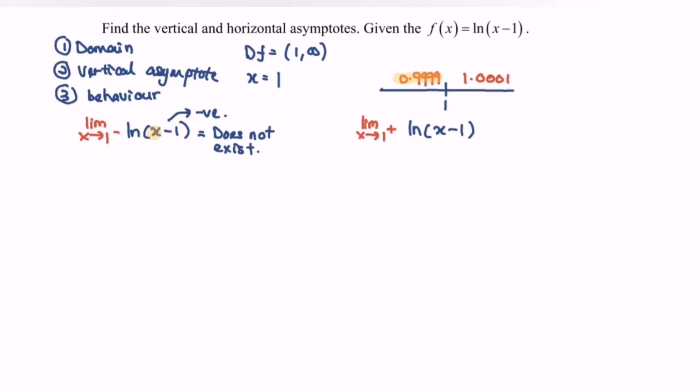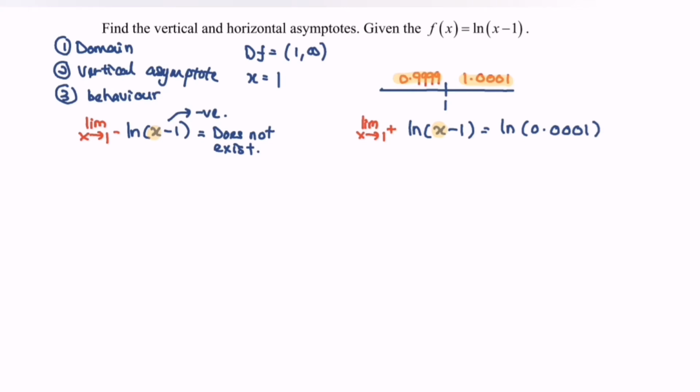Next, move on to the right hand side. So now 1.0001 substituted into this situation, and we will have ln(0.0001).